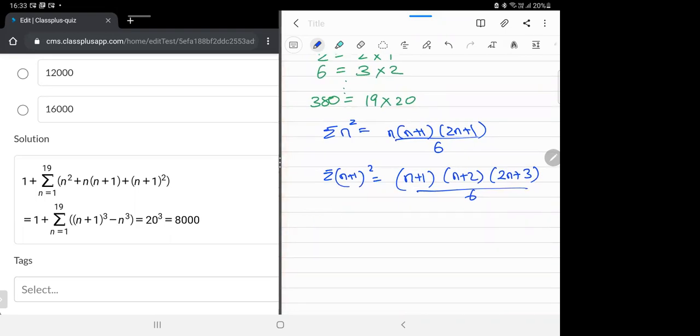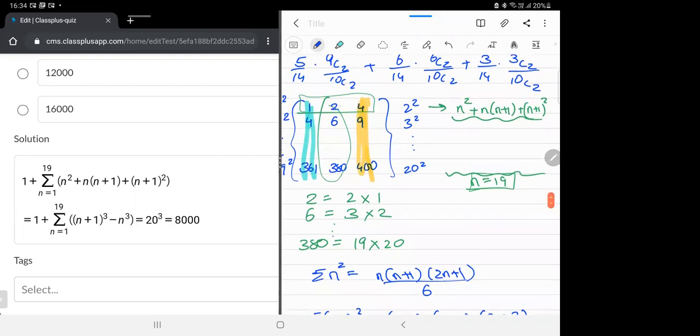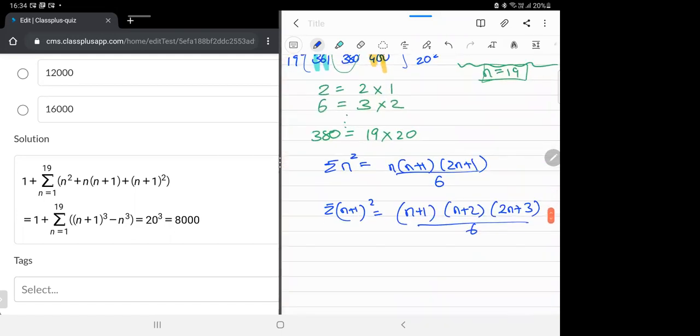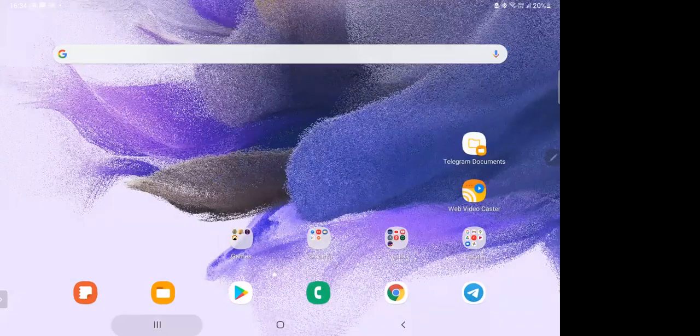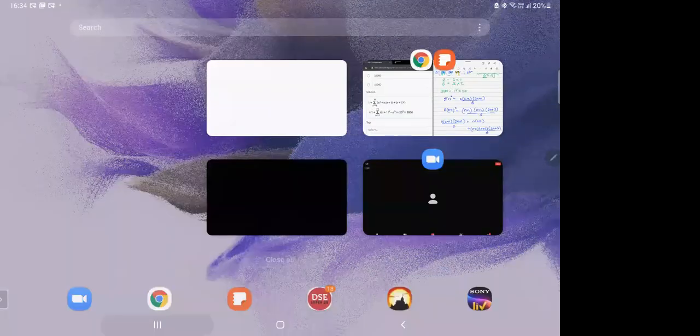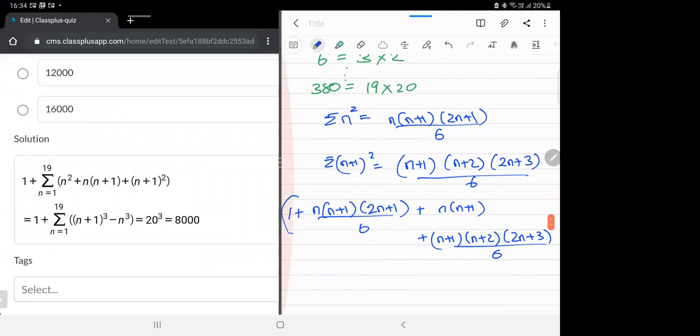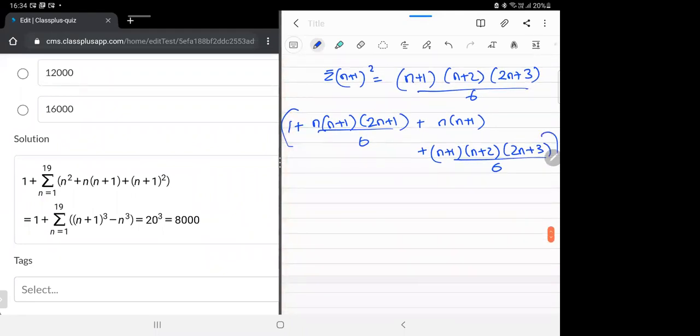So the first thing is n into (n plus 1) into (2n plus 1) by 6 plus n into (n plus 1) plus (n plus 1) into (n plus 2) into (2n plus 3) by 6, and you have a 1 to begin with. You can just use the expansion and find the final value.